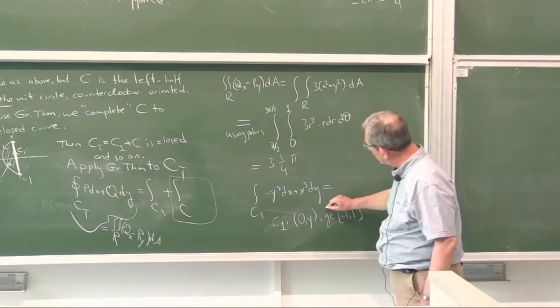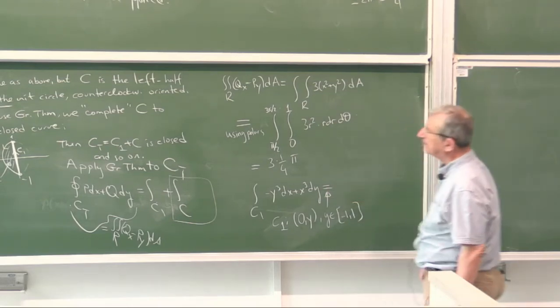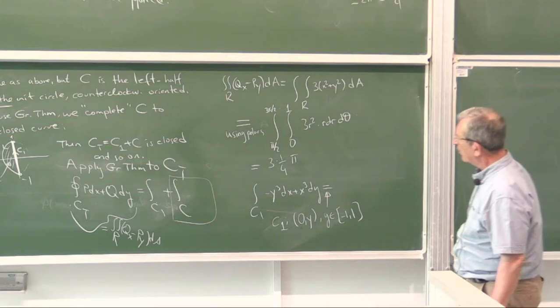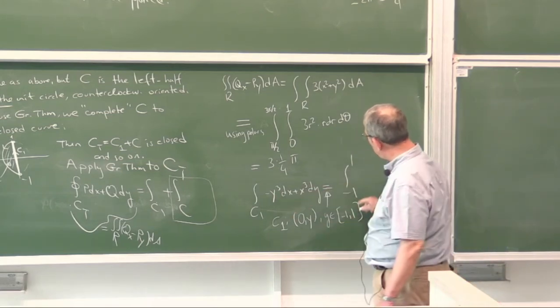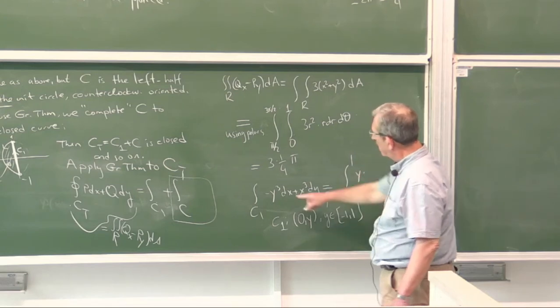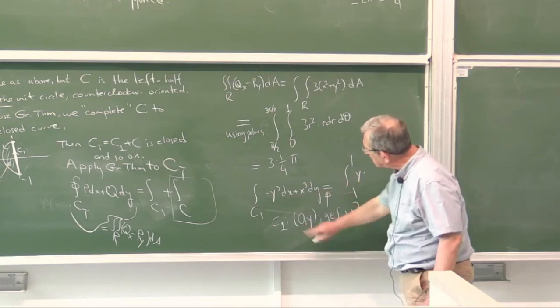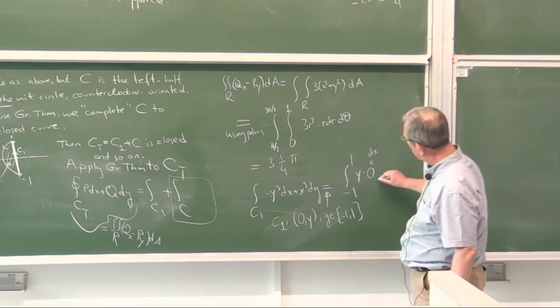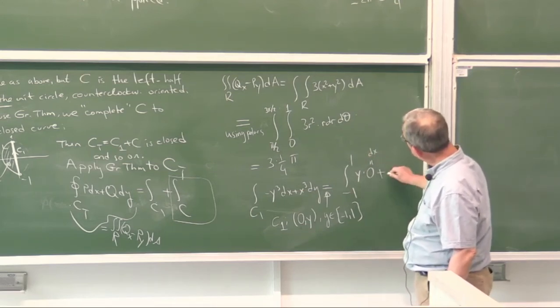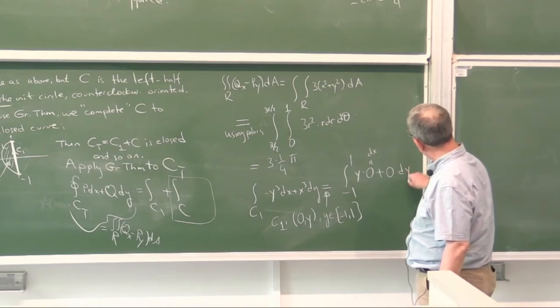Using this parametrization, we end up with minus 1 to 1. Now, y is y, but dx, because x is constant, is 0, plus x cubed is 0, so it is 0.